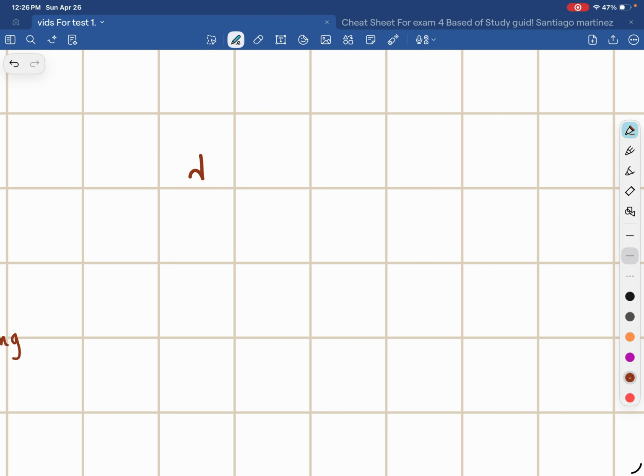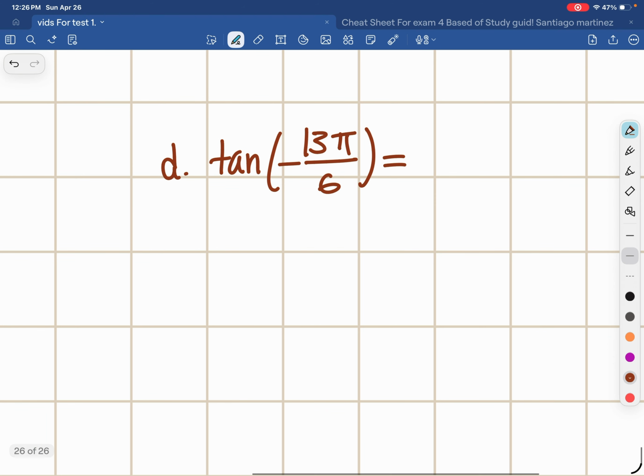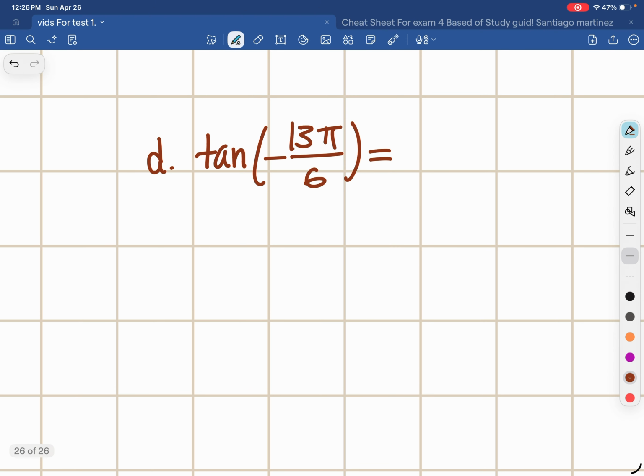Let's look at D. D is going to be tangent of negative 13 pi over 6 is equal to what? So right away, when we see tangent is equal to negative 13 pi over 6, we're applying the same logic, right?